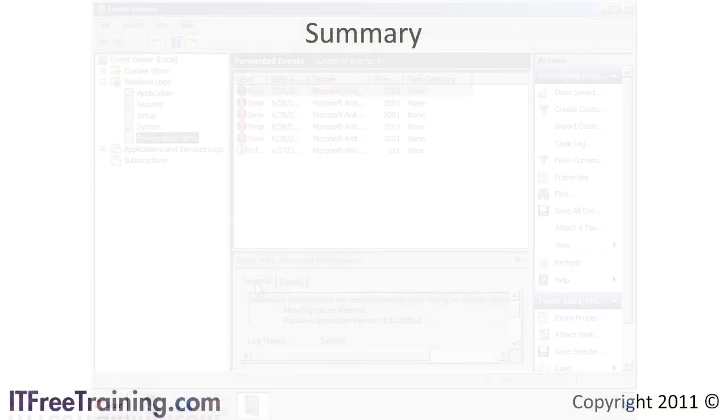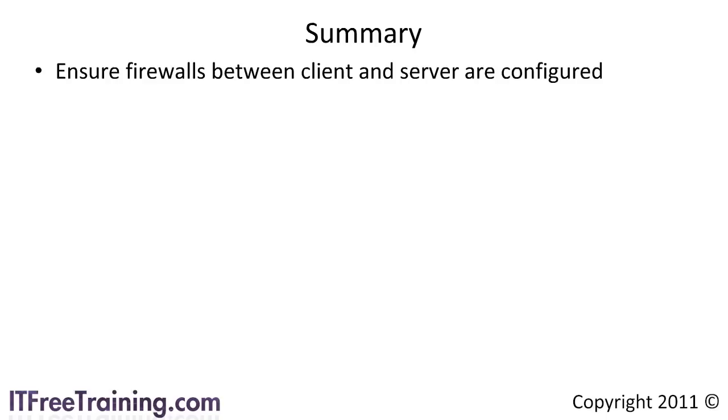In summary, if you decide to use event forwarding, make sure the firewalls between the client and the server are correctly configured. Event forwarding does use HTTP or HTTPS, which in most firewalls will be allowed. If you are using the HTTP protocol, remember traffic is encrypted.